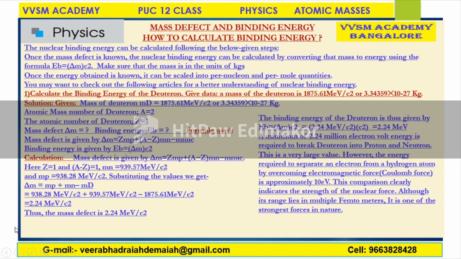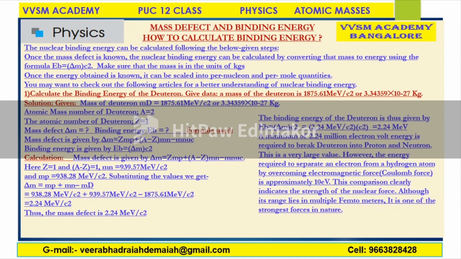Substituting the values, you will get the mass defect of 2.24 MeV/c². Thus, the binding energy of the deuteron is given by Eb = delta m c², which is equal to 2.24 MeV. A minimum of 2.24 million electron volts of energy is required to break the deuteron into a proton and a neutron.